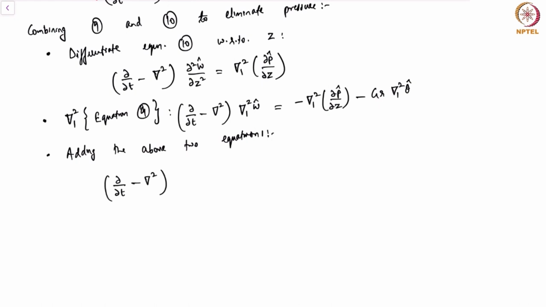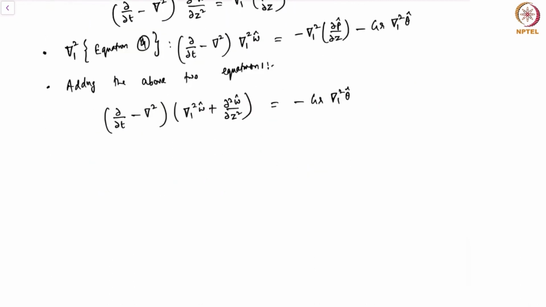The terms that we get now added for the velocities would be the first term del 1 square w hat plus del square w hat by del z square. This is what I have. The pressure term will cancel out, and finally I have del 1 square theta hat.